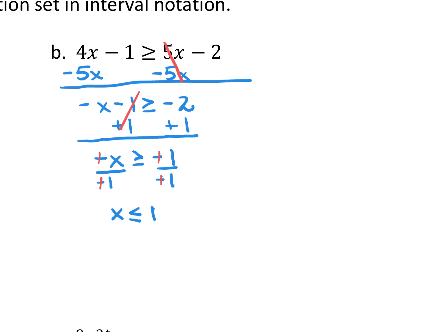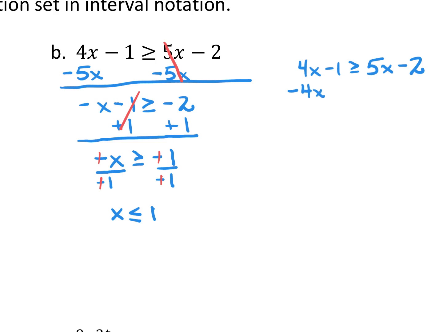All right, let's do this one again real fast just to show you what happens. Remember that when we talked about solving equations, we said it doesn't matter what side you put your variables on or what side you put your constants on. They just have to be on different sides. So let's do this now, and instead of moving the variables to the left, let's move the variables to the right.